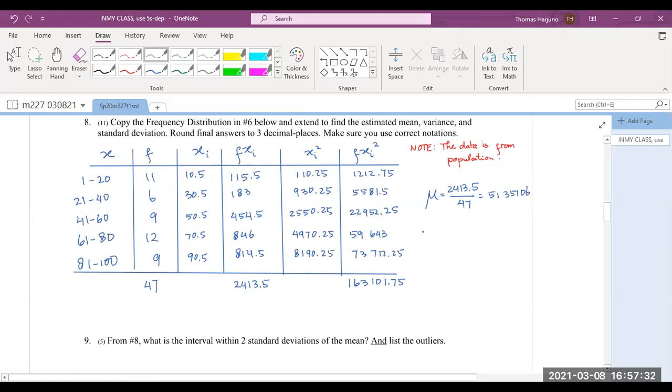And then the population variance, let me give a line here so that we see the partition. That will be 47 times 163,101.75 minus 2413.5 squared over 47 squared.